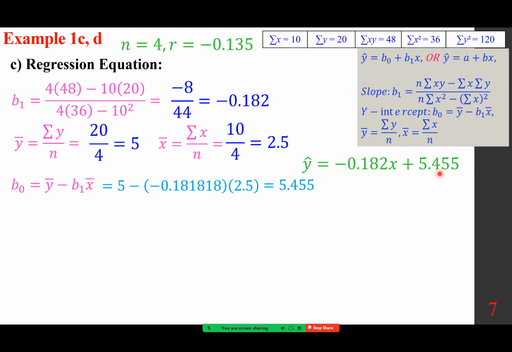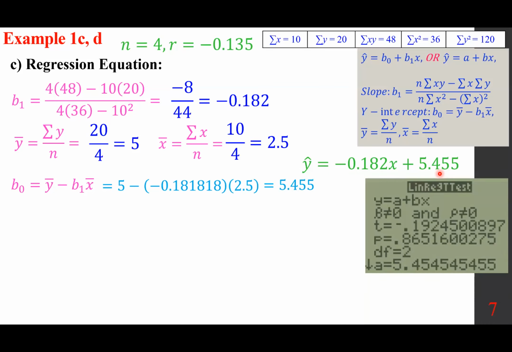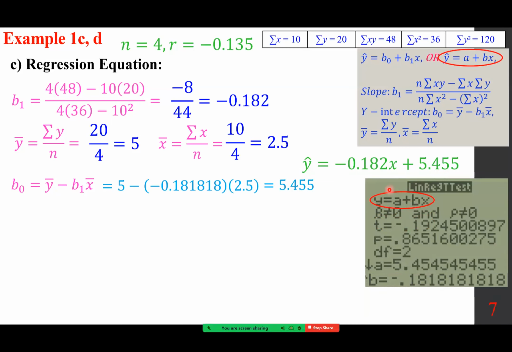Again, n was 4, so it was sort of reasonable. We could do that by hand. You don't have to do this by hand. I remind you of this. If you go back, you see we found that. And basically, this is a plus bx. This is a and b. So take a look at this one.